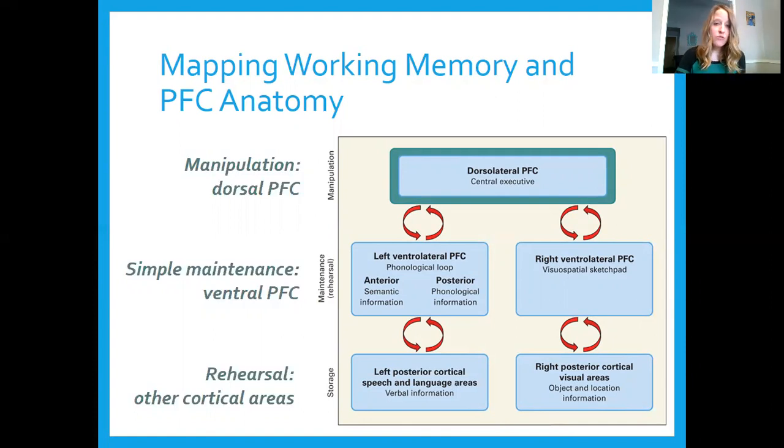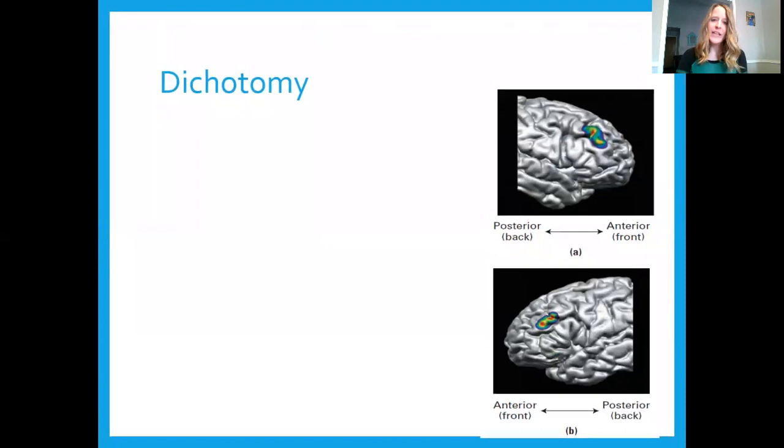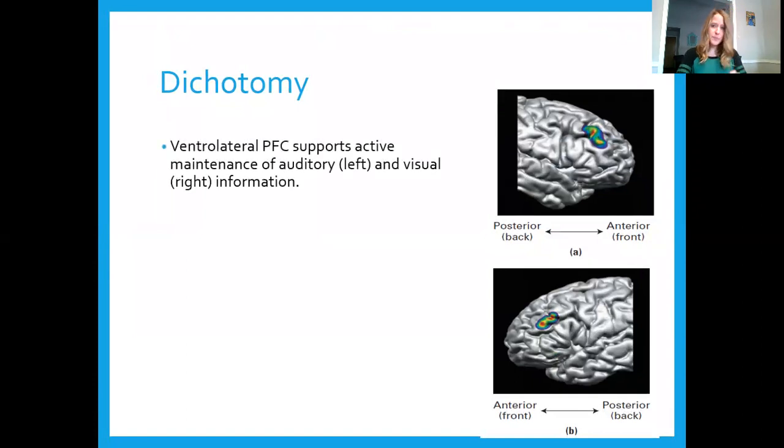We can also look at other areas of the brain that play a role in monitoring information. And so this seems to be part of your frontal lobe, particularly your prefrontal cortex, that plays a role in monitoring information.